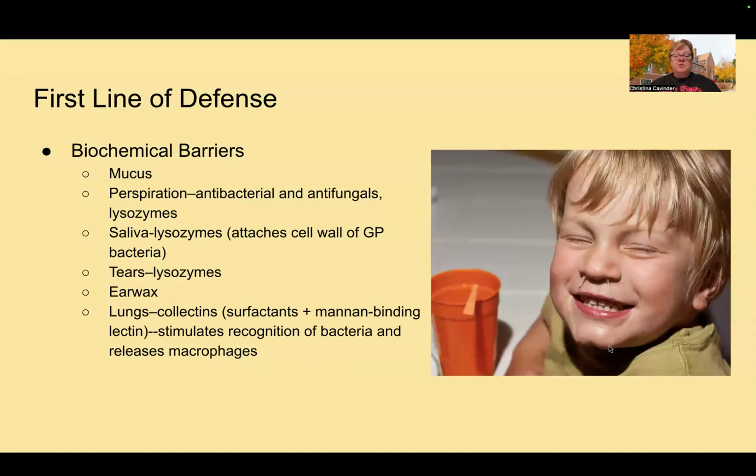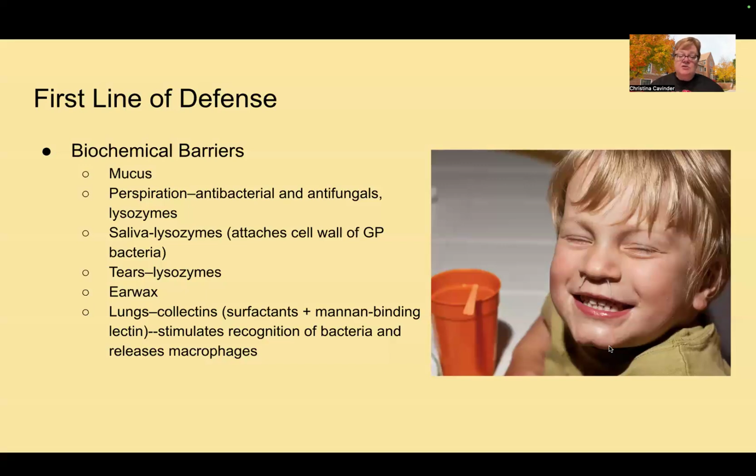We do have biochemical barriers such as mucus, where the infectious agent is plugged in there, and then we sneeze, blow our nose, or vomit or whatever, and it comes out of our body.